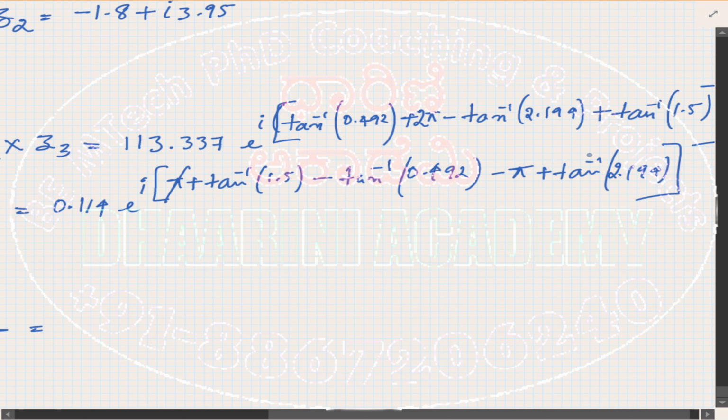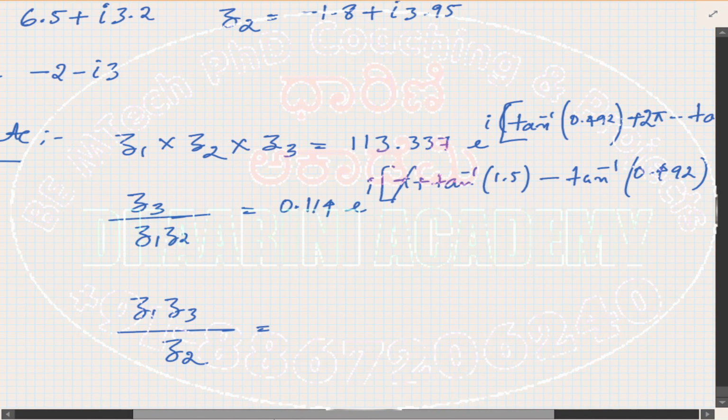So here pi minus pi cancels. Remaining terms you can simplify and write the answer. Correct?